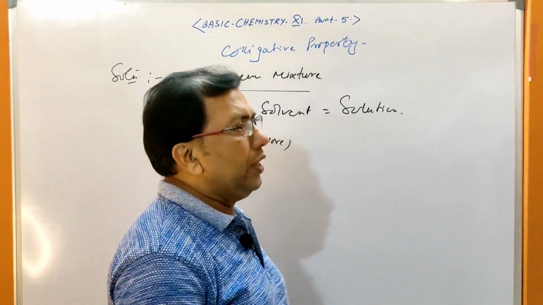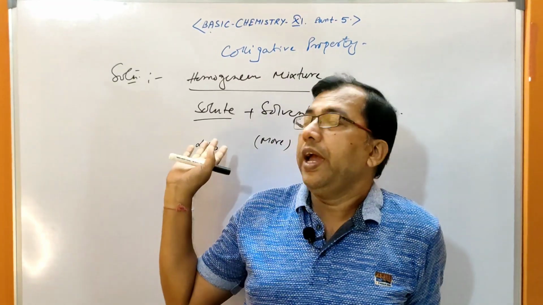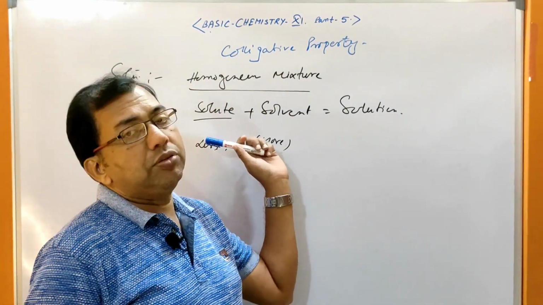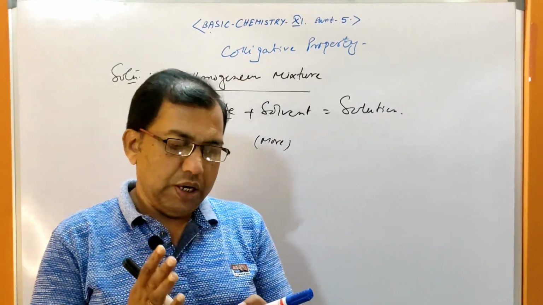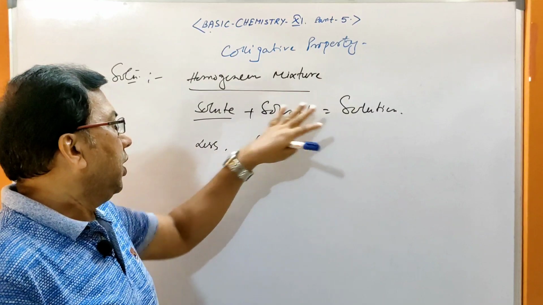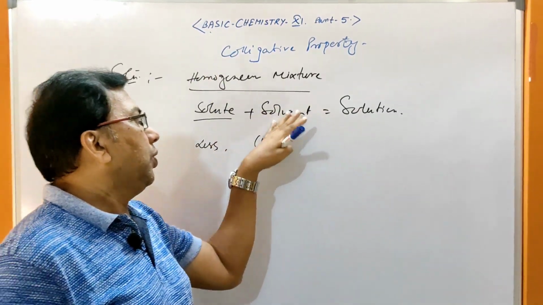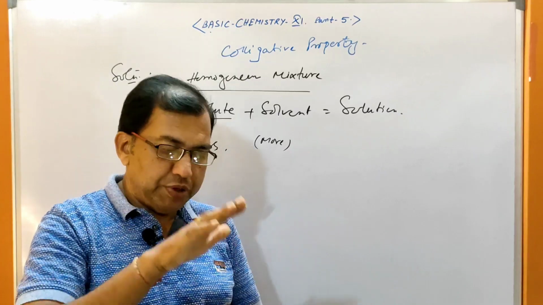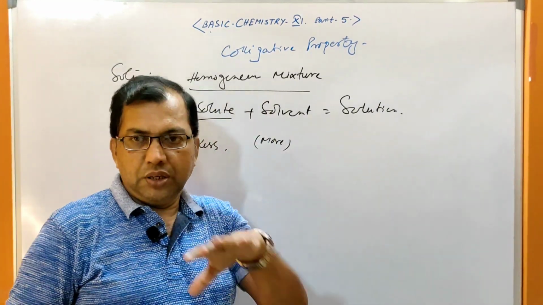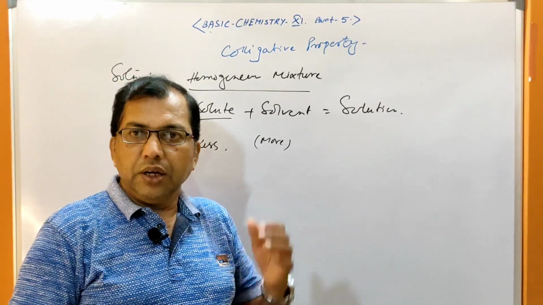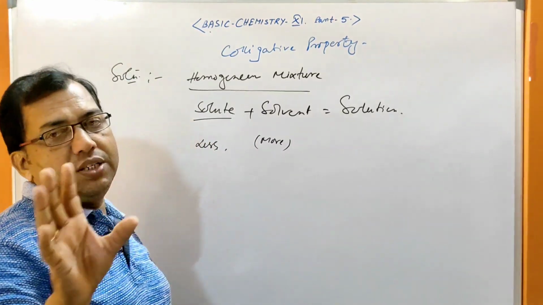Colligative property, what is it? First, you have to know what the concentration of a solution is, and after that I am coming to colligative property. The amount of solute present in a given quantity of solvent or solution is expressed in terms of concentration.